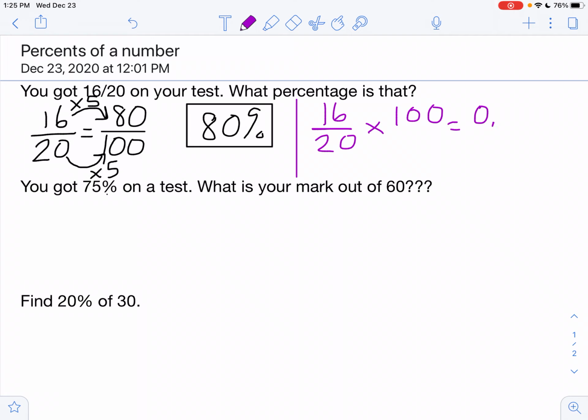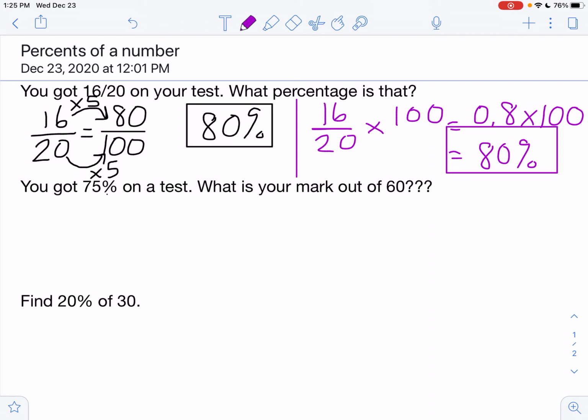We're going to get 0.8 times 100. And if I take that decimal place from where it is, and I multiply it by 100, I have to move over the decimal 2 spots to the right and fill in an extra 0. So that is going to be 80%. Okay, so either method works great.